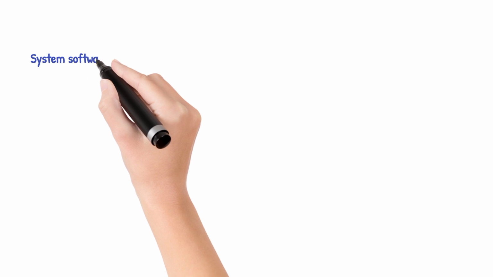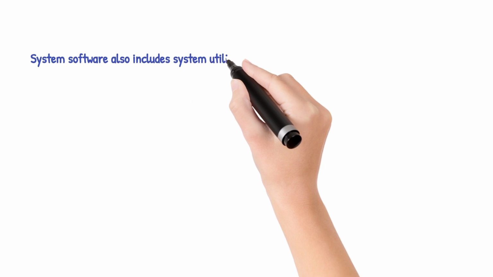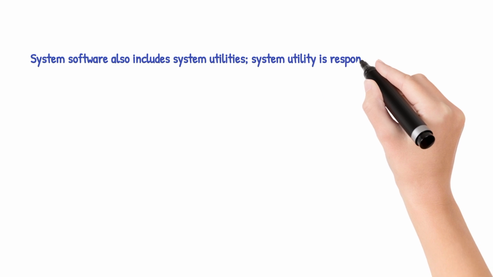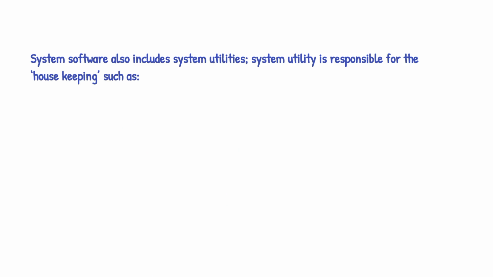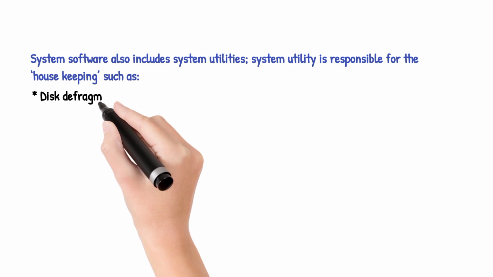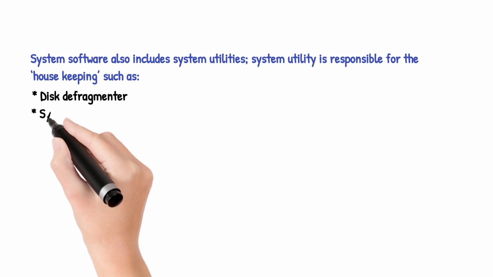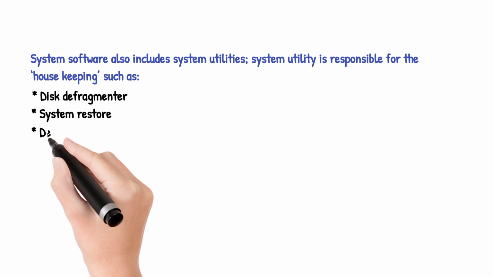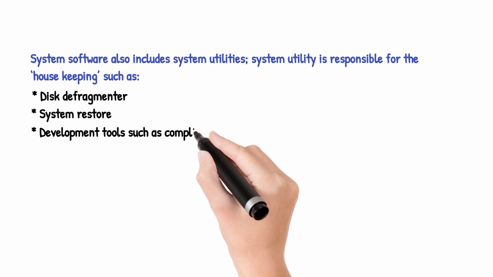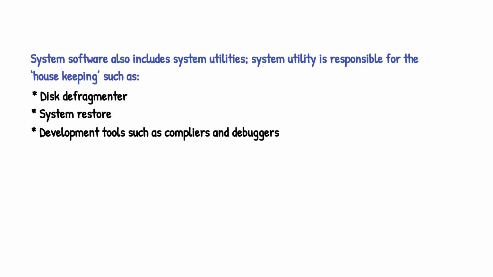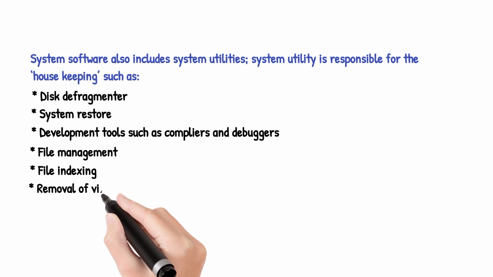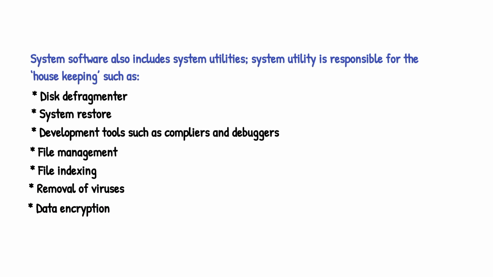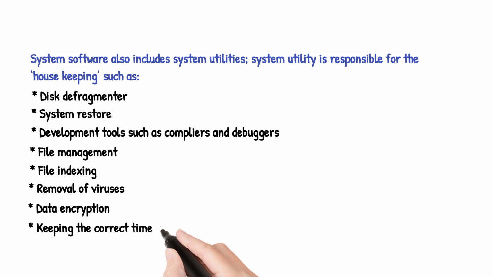System software also includes system utilities. A system utility is responsible for housekeeping. This housekeeping may be things such as disk defragmenter, system restore, development tools such as compilers and debuggers, file management, file indexing, removal of viruses, data encryption, keeping the correct time, and also keeping the correct date.